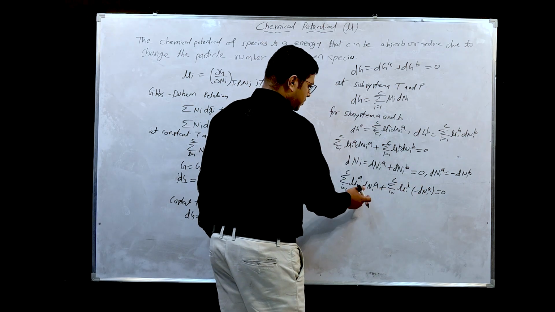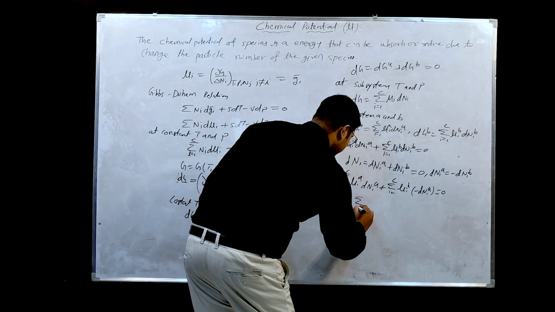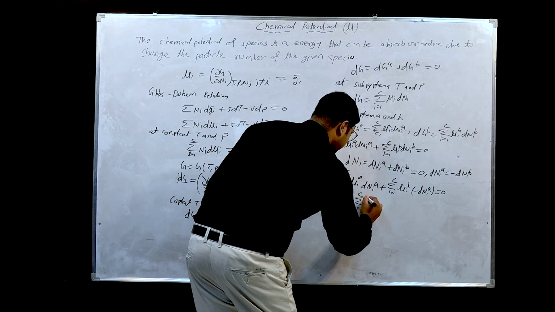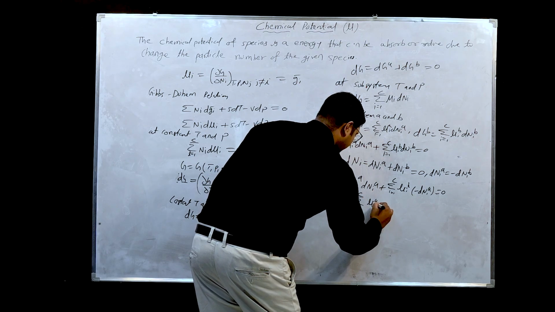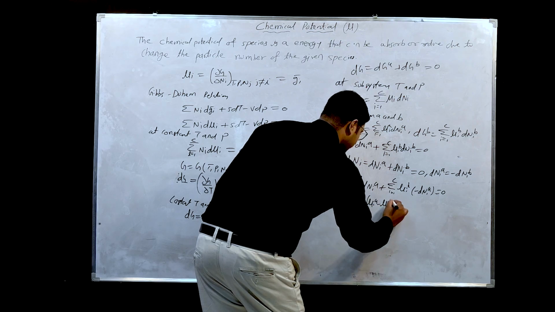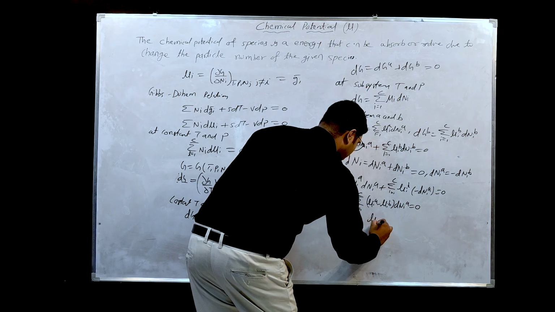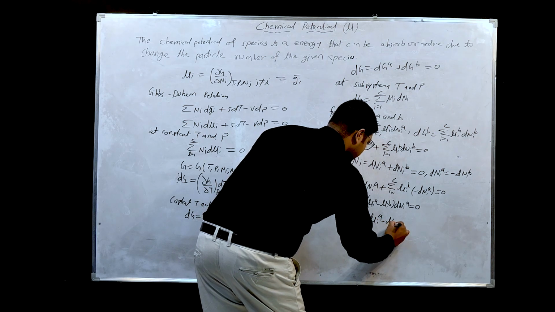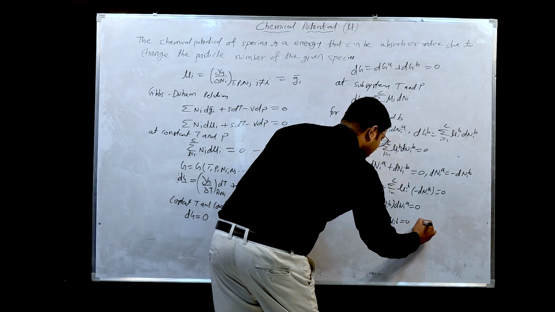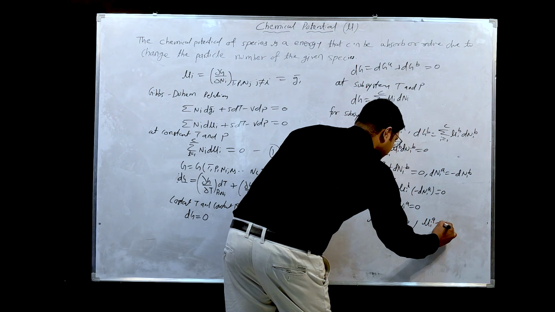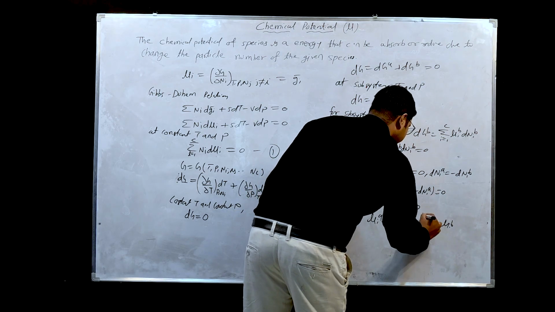So both dNi terms are there. So the sum from i equal to 1 to C of (mu iA minus mu iB) dNiA is equal to 0, or mu iA minus mu iB is equal to 0, or mu iA is equal to mu iB.